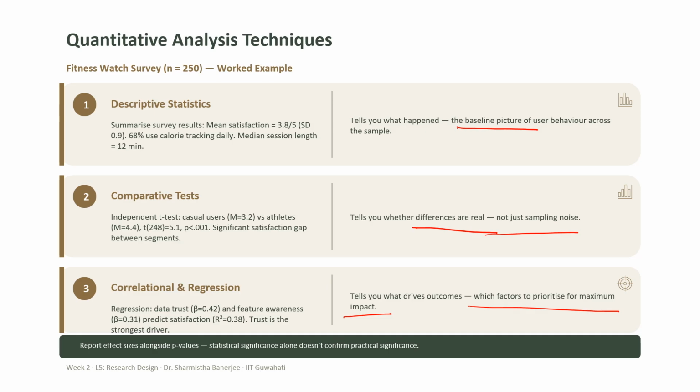They all predict satisfaction at R square equal to 0.38. Which implies that data trust is more important than feature awareness for satisfaction prediction. So if I have to improve the satisfaction, then I will have to improve more on the data trust because that will have a greater impact.